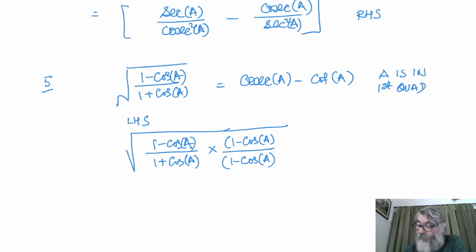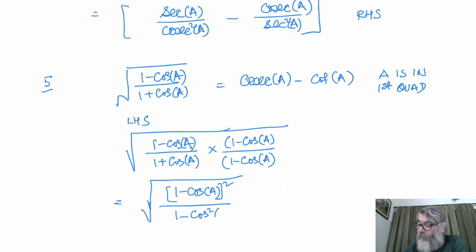So in the numerator, I'll get 1 minus cos A whole square. And here I will get 1 minus cos square A. And you know that it is going to be positive.